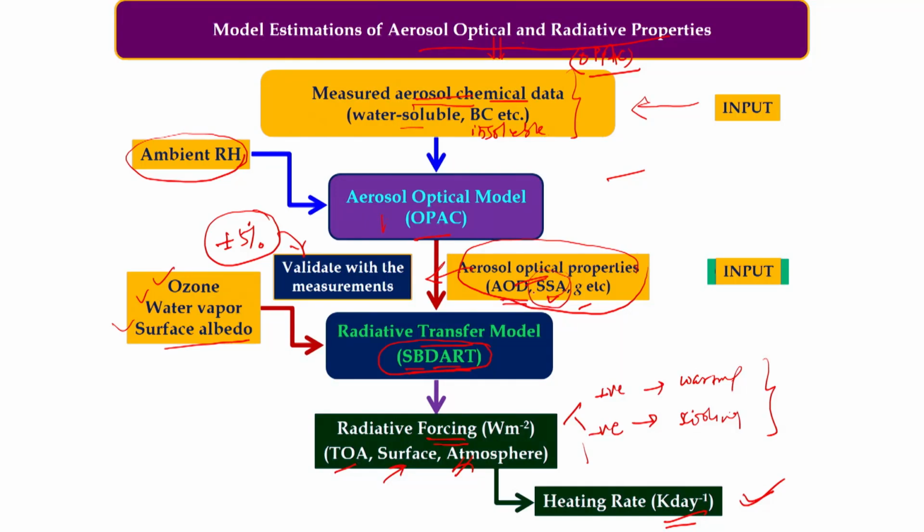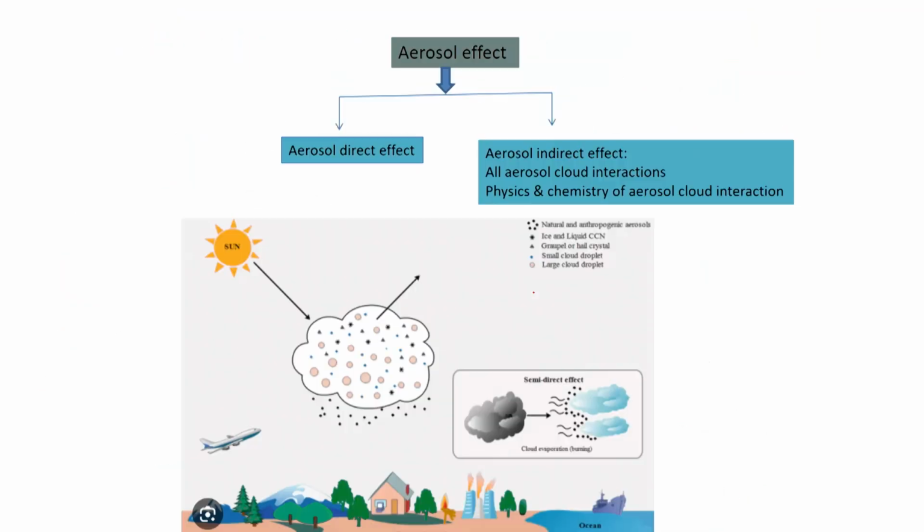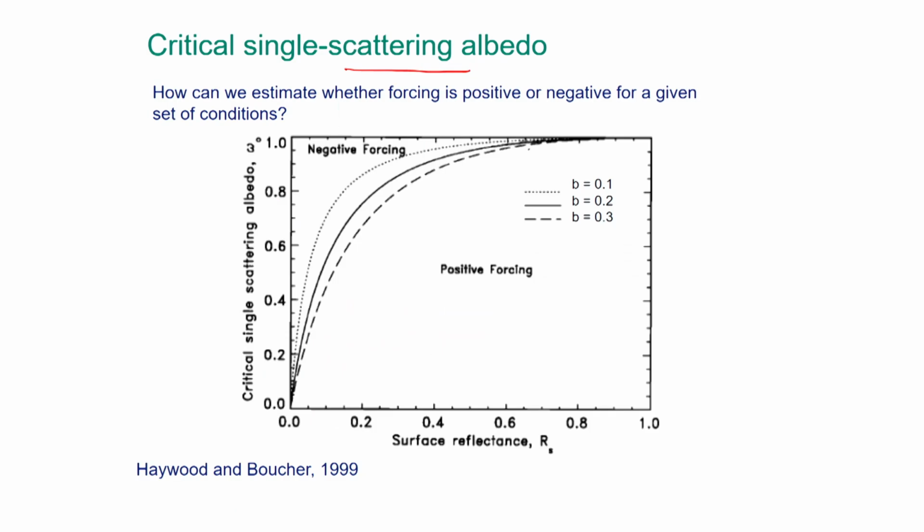Now single scattering albedo, if you remember from my previous slides, lies between 1 and 0. Of course, it is not 0. In most practical cases, it is somewhere around 0.3 to 0.95 or so. In some cases, you can have 0.95 or 0.90.